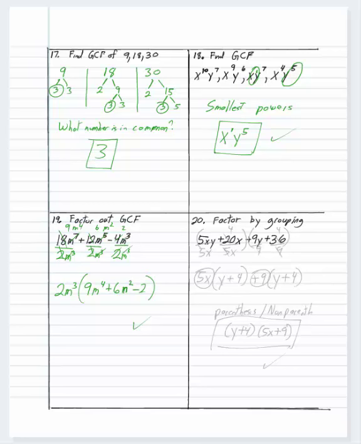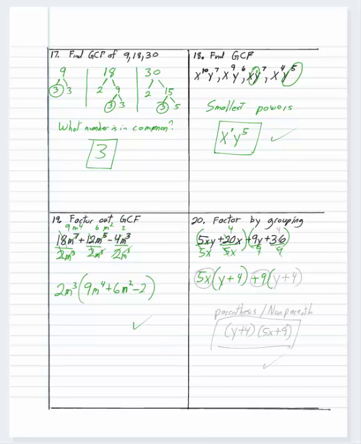Finally, we'd like to factor by grouping. Grouping just means two at a time. In the first two terms, we can divide both of these by 5 and by x. And when we do, we're left with y plus 4. As for the second group, we can divide out by 9.